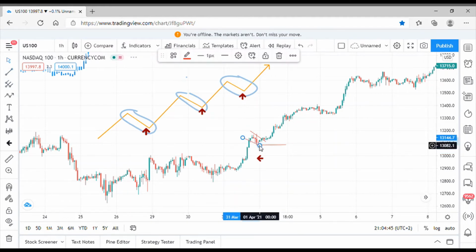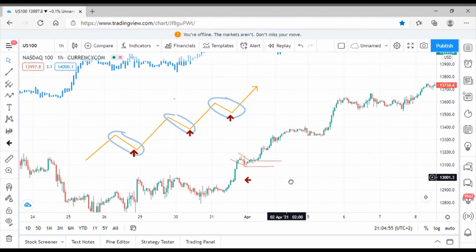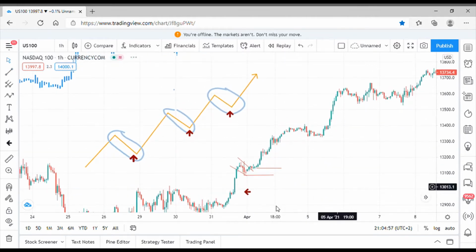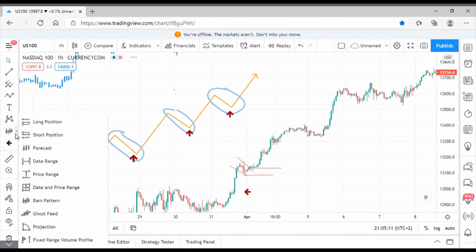Here we can see price went into this pattern, and over here we see the formation of a higher low. Now we have two things. We have the lowest point, the first low that was created in this trend, followed by a higher low, which is our entry if we wanted to actually take this trade.